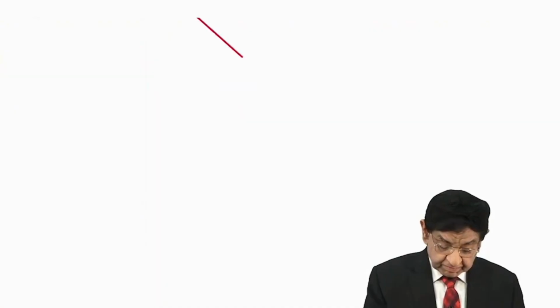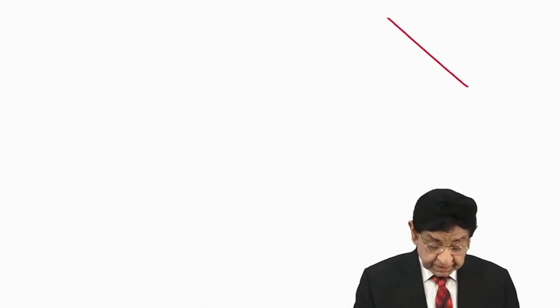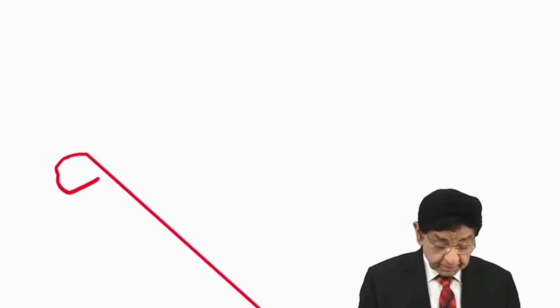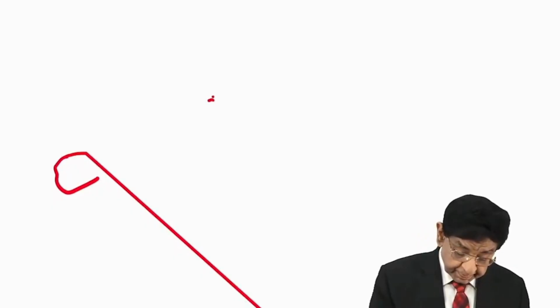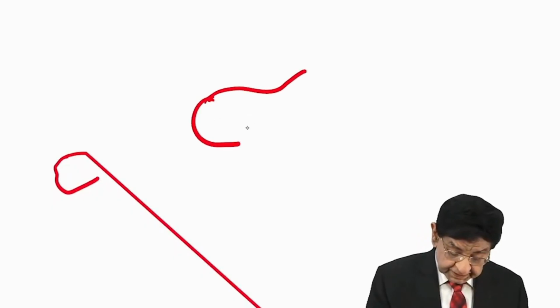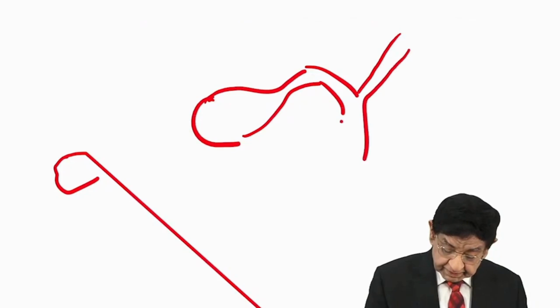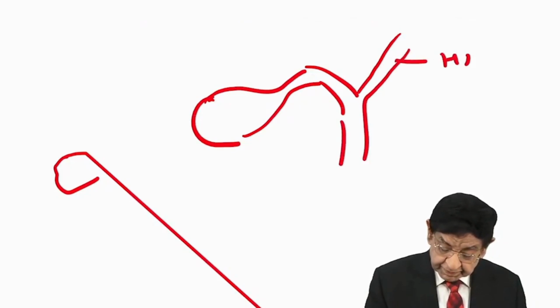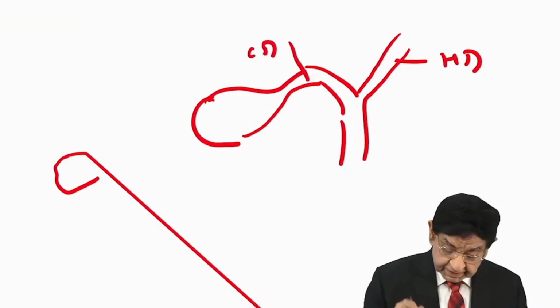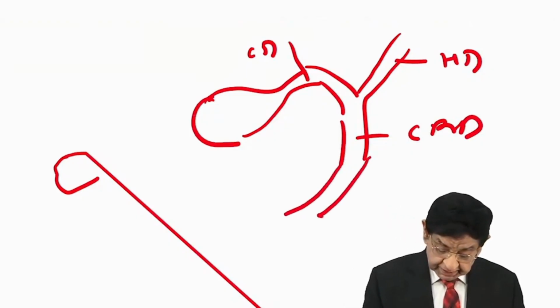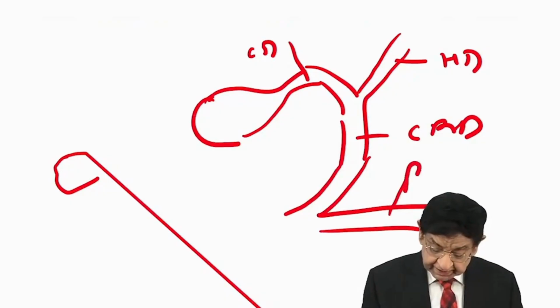Here is the liver, here is the gallbladder. This is the cystic duct, and here is the hepatic duct coming. Hepatic duct, cystic duct, and they make the common bile duct, and this common bile duct comes down and combines with the pancreatic duct.